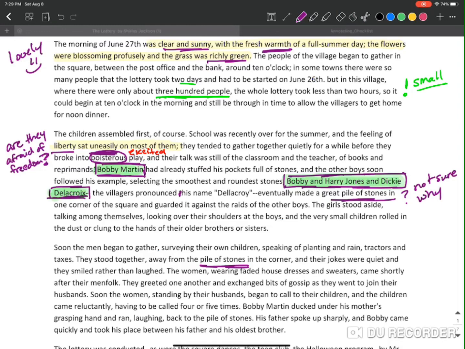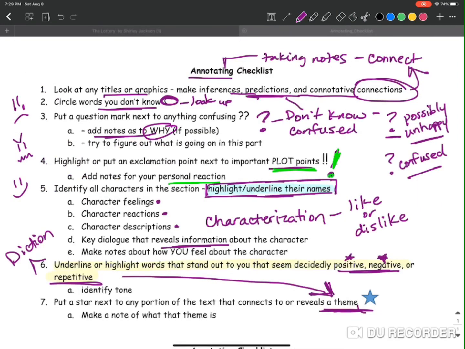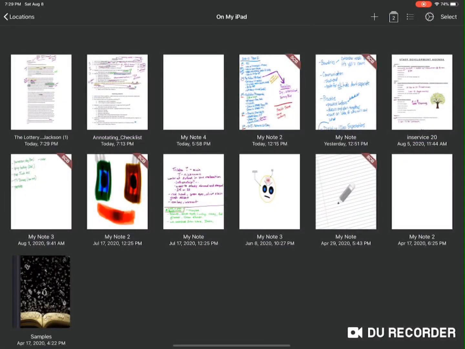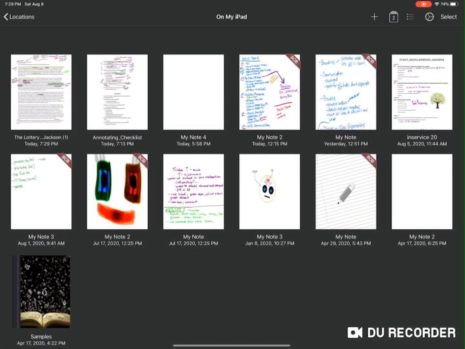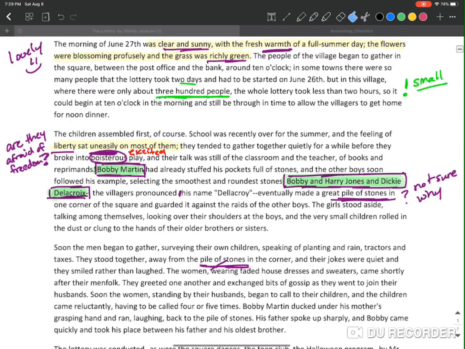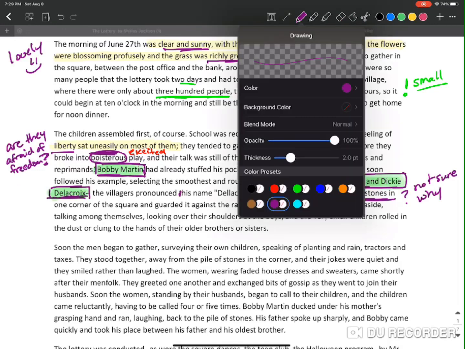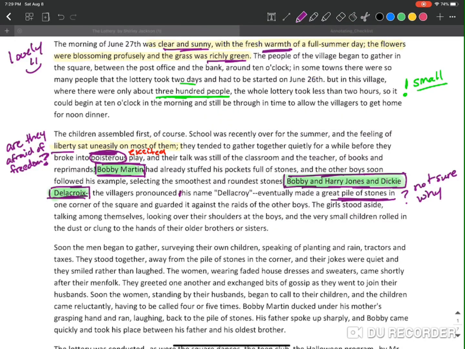Remember, I told you, anytime they repeat something or bring something up over and over again, there is a thing with it. There's something going on there. Some reason why it's being repeated over and over again. The authors don't just do that for no reason.